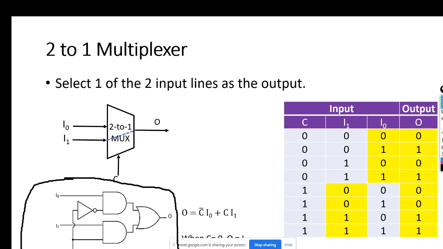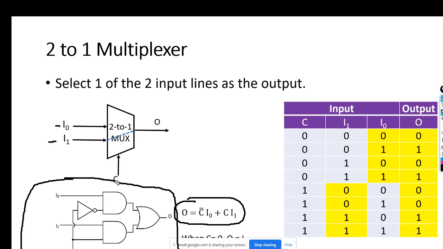Now if you look at this circuit, your output is going to be I0 dot C bar plus C and I1. That means I1C, right? So you can see that my output is governed by this particular formula, C bar I0 plus C I1.